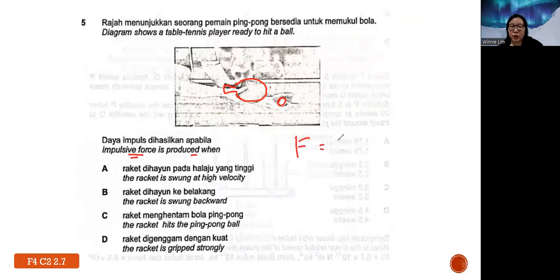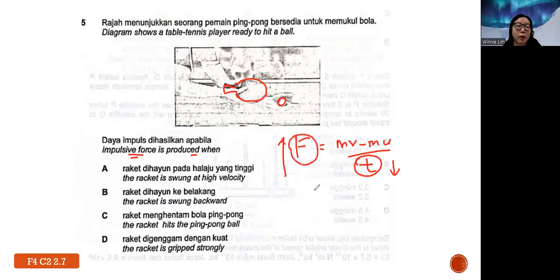Impulsive force is the rate of change of momentum. So we always relate the idea of impulsive force with a small time of impact. When the time is short, then the force acting is great. This time of impact is the moment when you hit the ball. When you touch the ball, only then is this force produced.